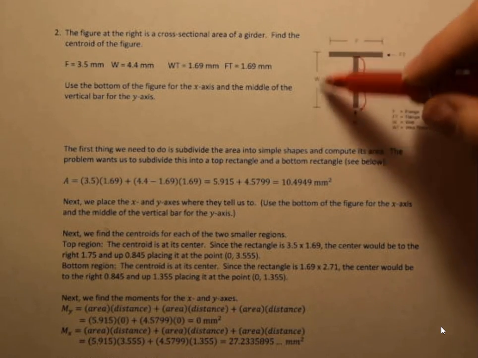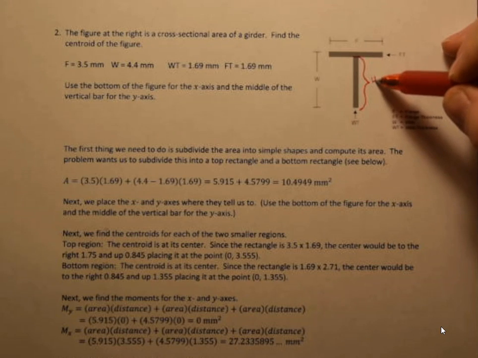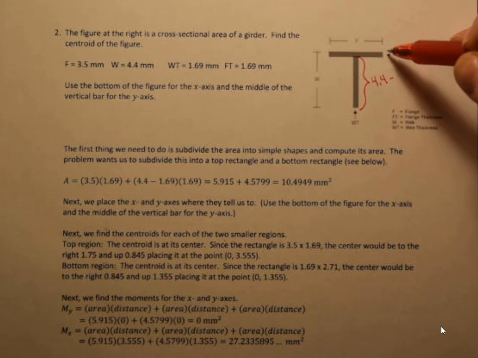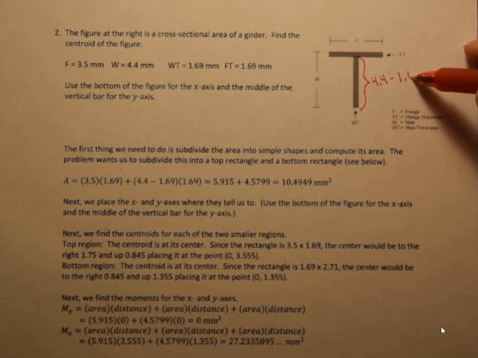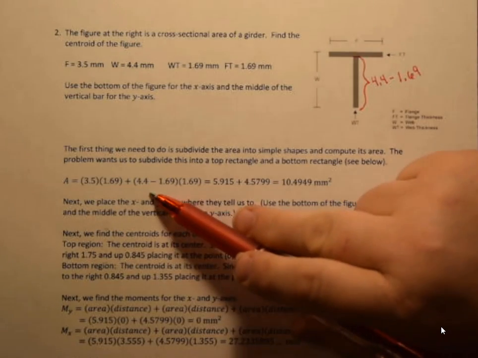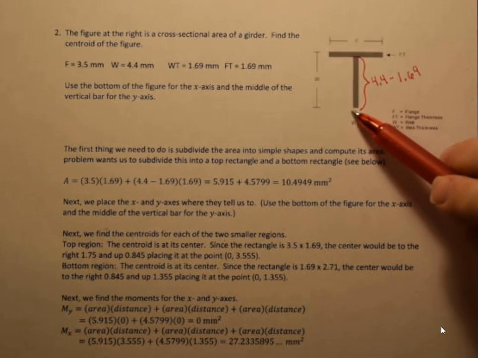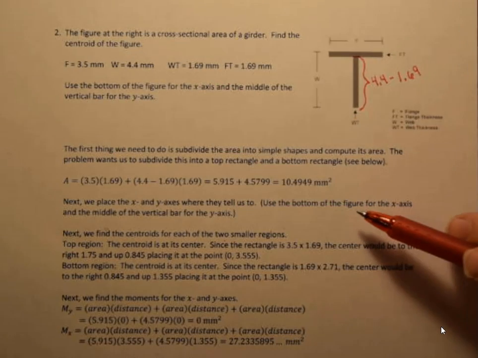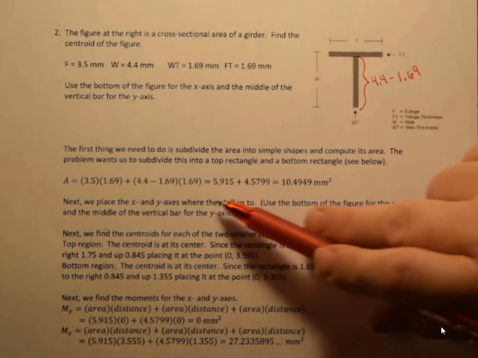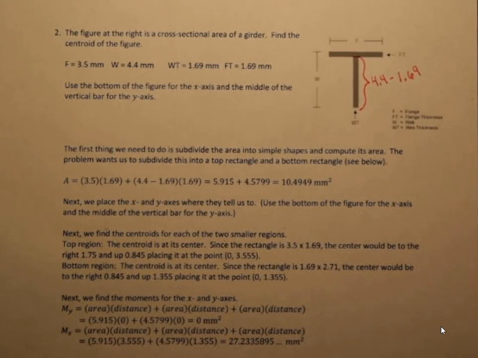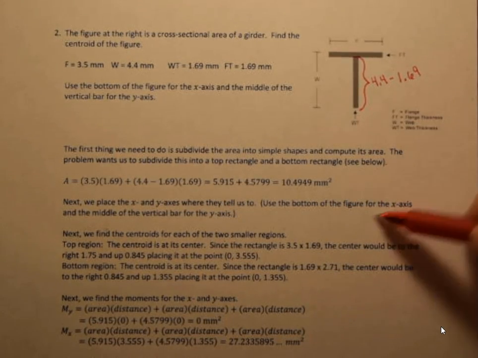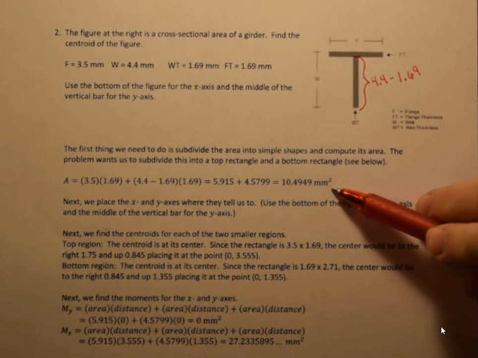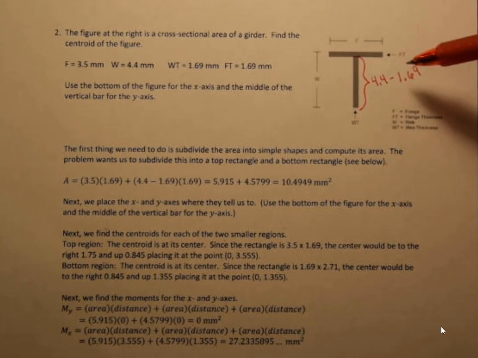This would be all of W, which is 4.4, minus FT, which is 1.69. And then times the width, 1.69. I do those calculations and we get 10.4949 square millimeters. Okay, so that's the first thing we need to do.